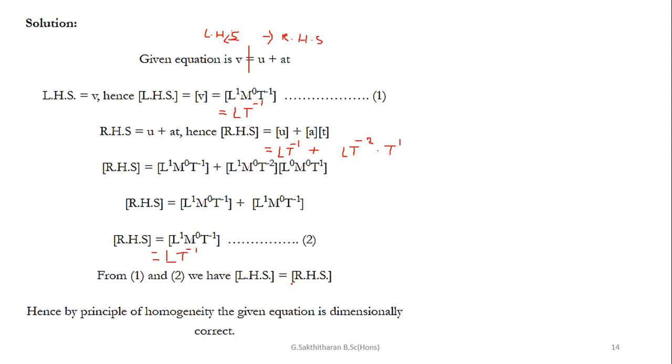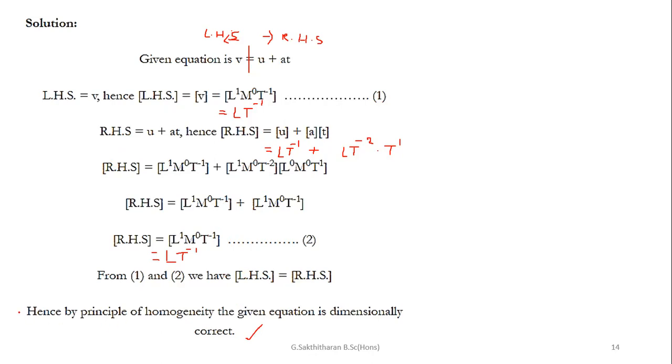So right hand side equal to left hand side. Hence, by the principle of homogeneity, the given equation is dimensionally correct. You should write like this. First give the dimensions of the physical quantities, then write the left hand side and the right hand side, and check that they are equal, so LHS equal to RHS.